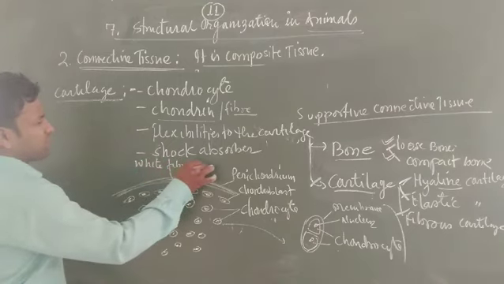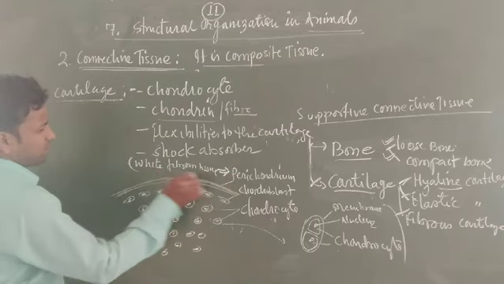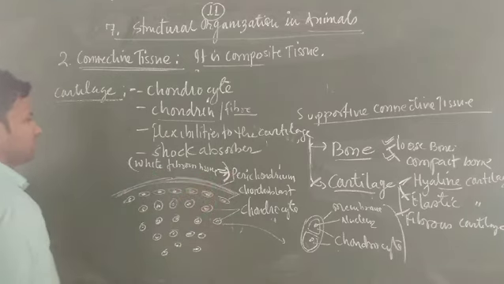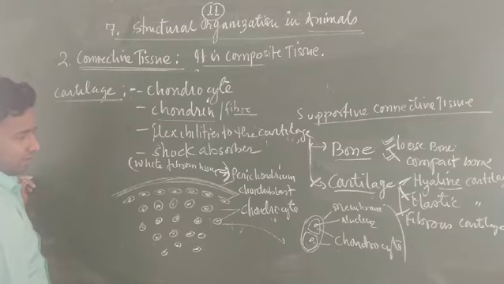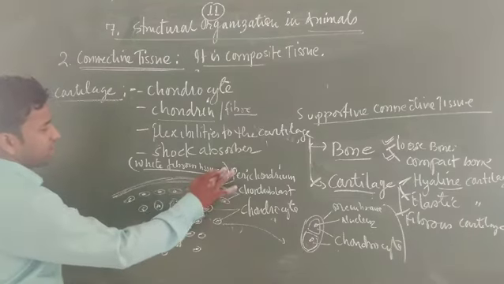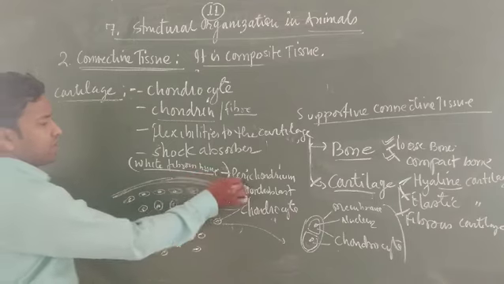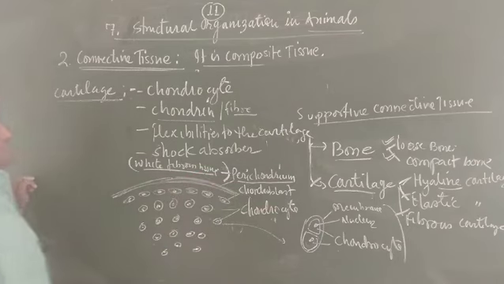If you see the cartilage, it appears white externally, but when present in the body, it is rich in blood vessels, due to which it appears red, but here it is generally white. The perichondrium is made up of white fibrous tissues.